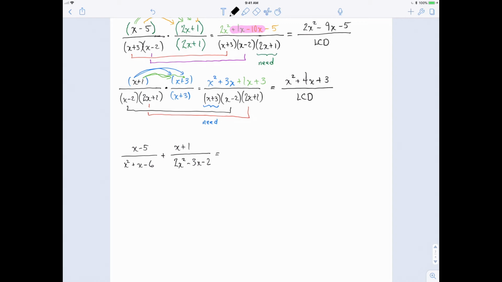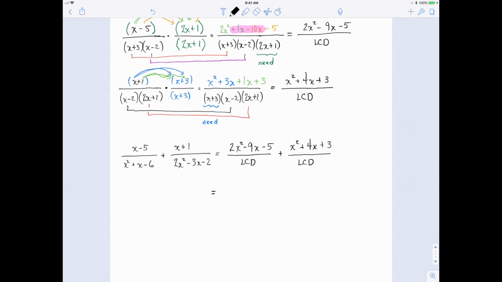And then we changed their form so that we'd have a lowest common denominator. So we turned it to 2x squared minus 9x minus 5 over the LCD, plus the second fraction turns to x squared plus 4x plus 3 over the LCD. And now we can add all of this up.